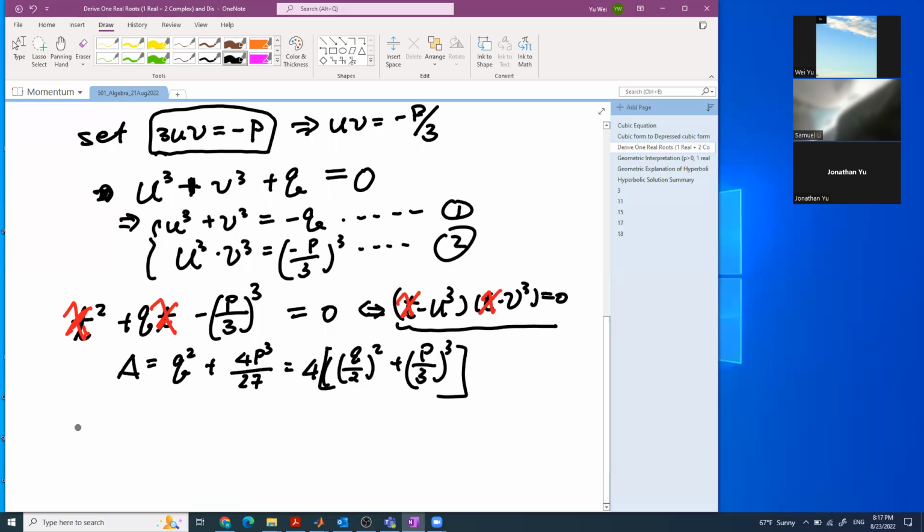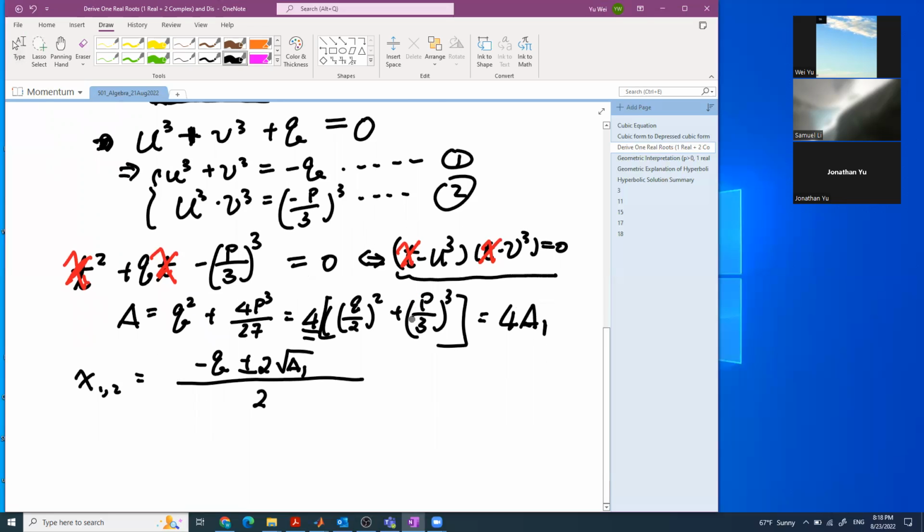Now let's solve for x. So x1,2 will be equal to negative b plus or minus the square root of, let me say this is 4 times delta 1, okay? Right, do you agree with me? And it must satisfy the condition that delta 1 is greater than or equal to 0.